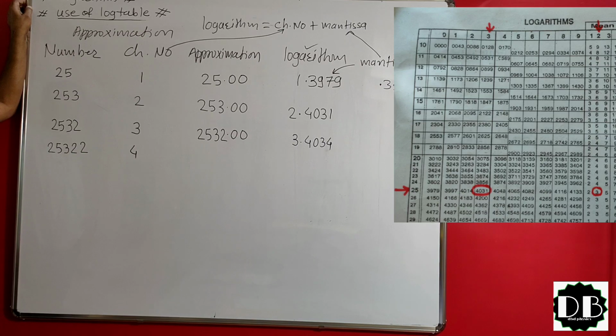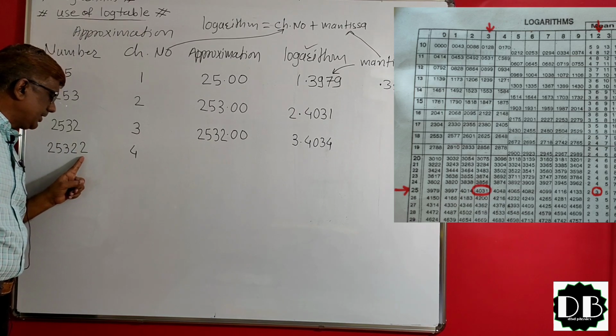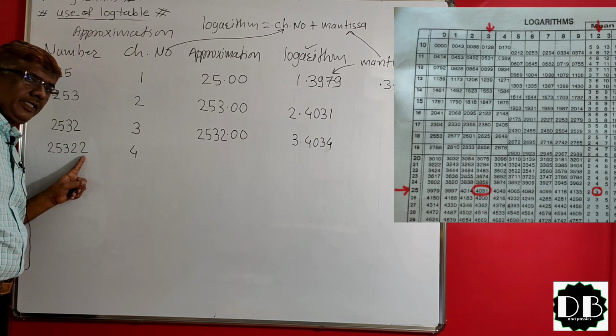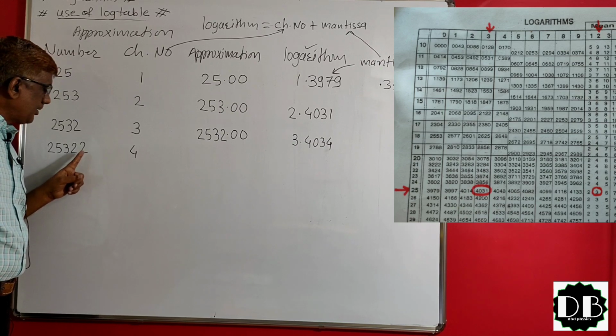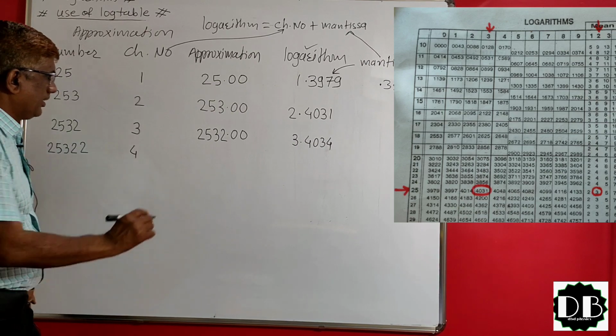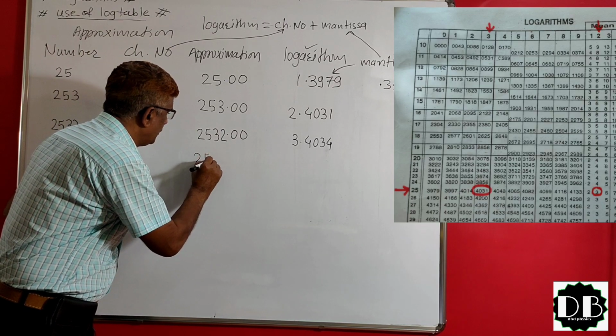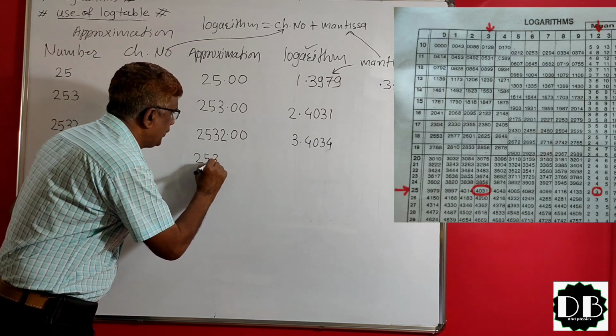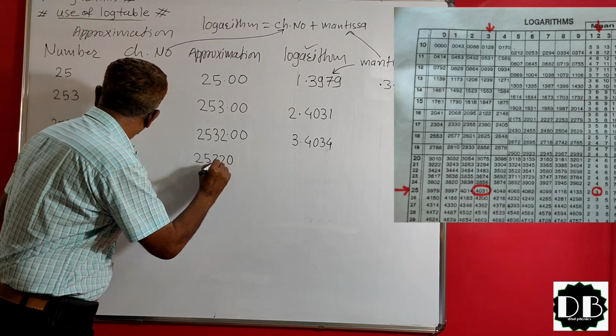After that, approximation. Mind well, we focus on the fifth digit. If this fifth digit is less than 5, instead of that number write 0 here. 25320.